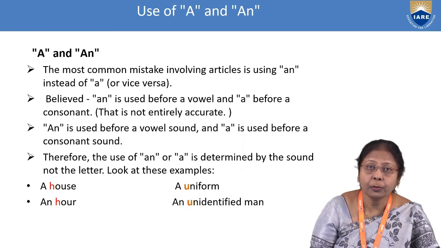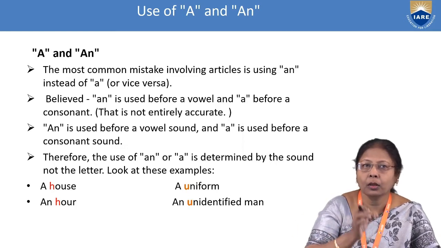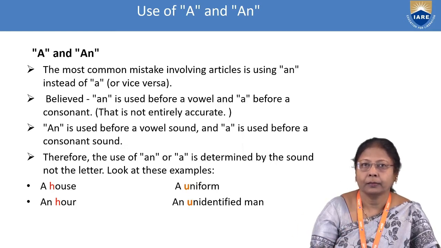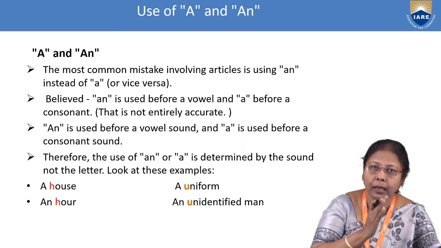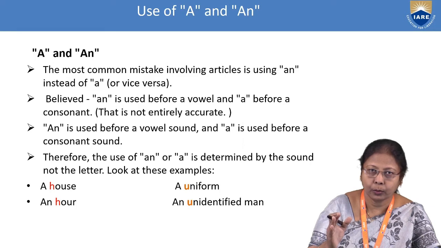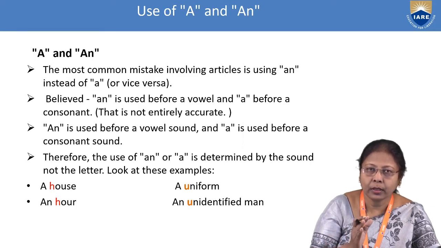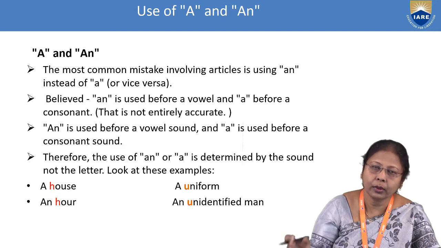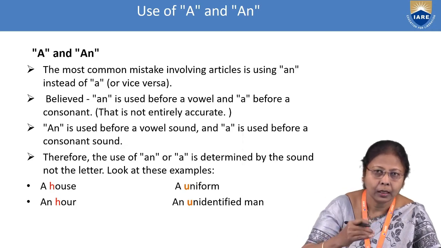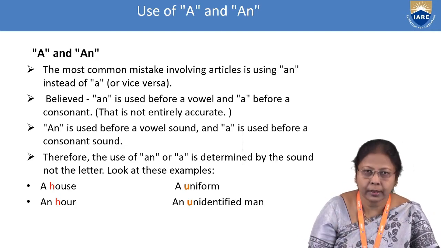An is used before a vowel sound, not a vowel letter, not just A, E, I, O, U. As we just discussed, U comes under a consonant sound. Though it is a part of the vowels, it sounds consonant.